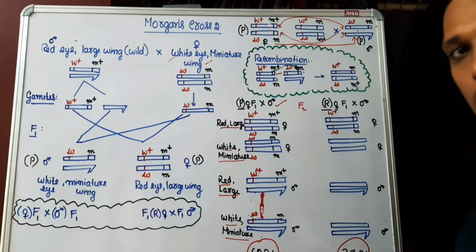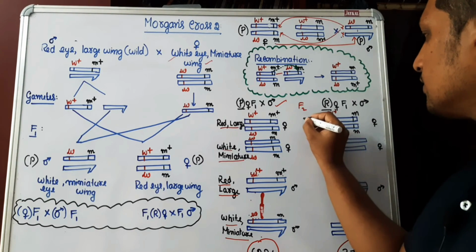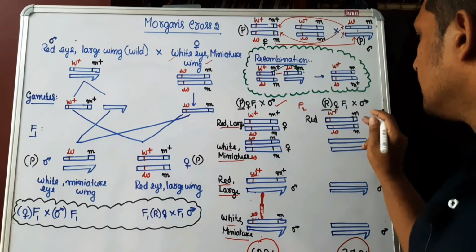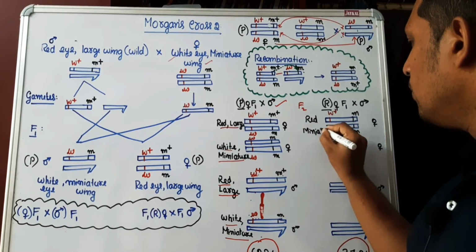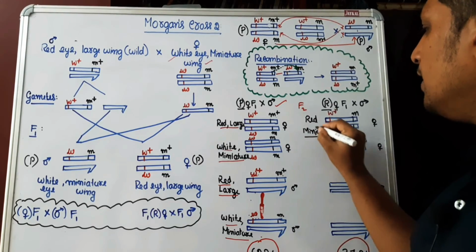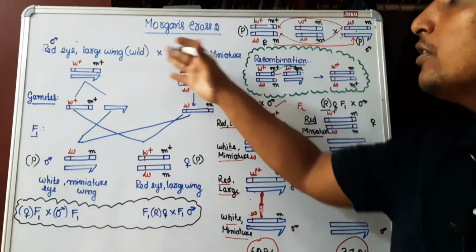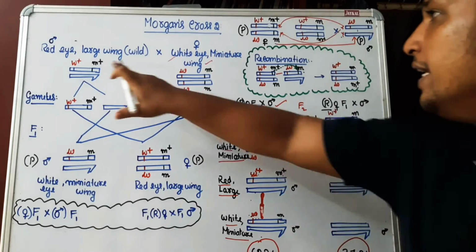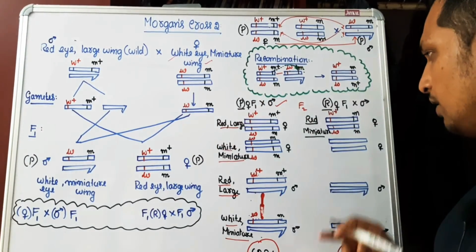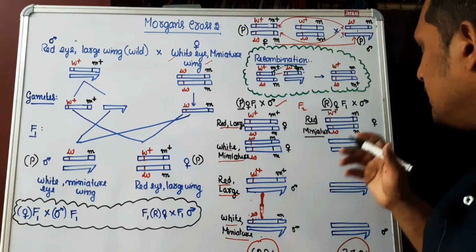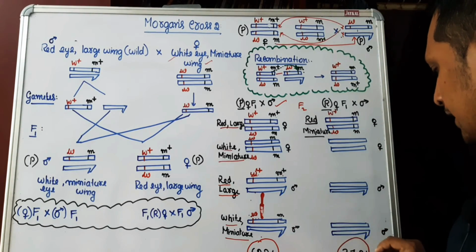What is the phenotype? W plus is there, so red-eyed, small m, miniature winged. Till now in parent such Drosophila did not get formed, we did not take into consideration. Red-eyed, large wing we took, but now miniature wing came. Such individuals are known as recombinants.